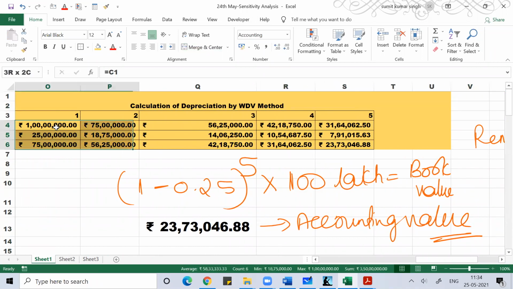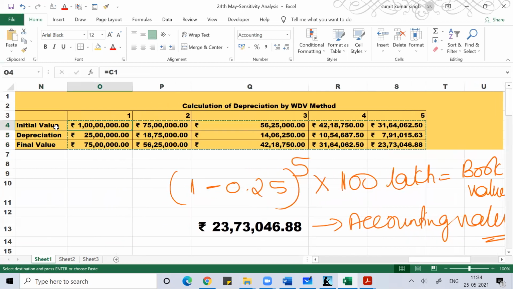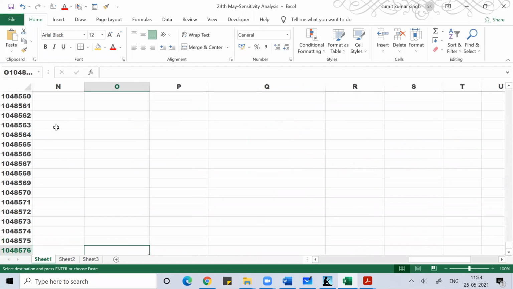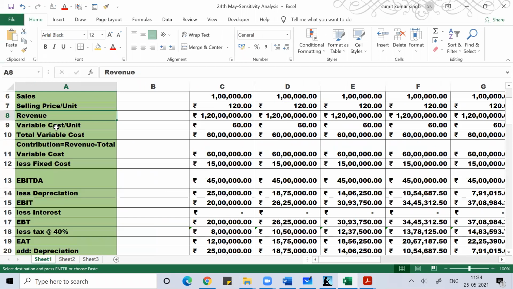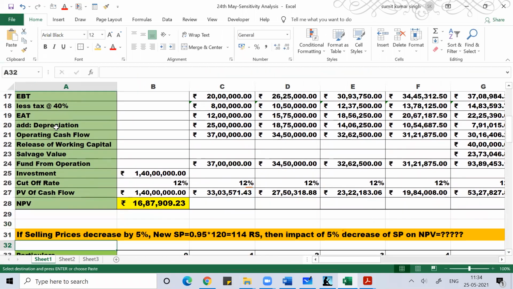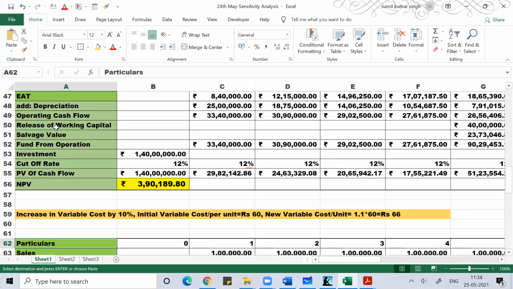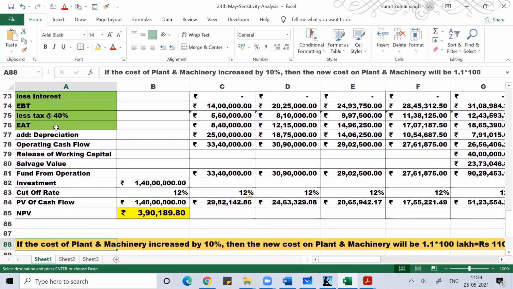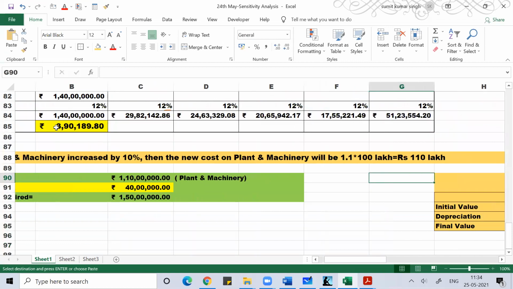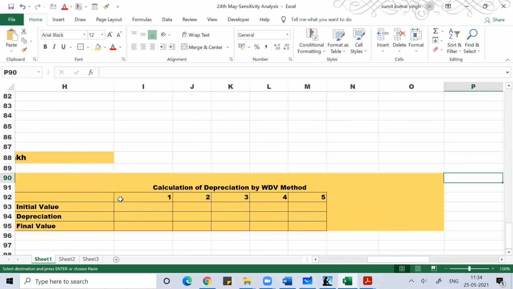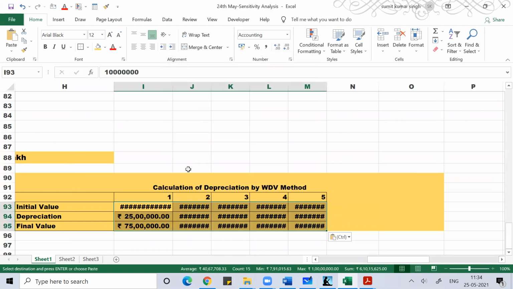Simply copy this, Control C, remove the formula. Control C, paste special value, remove the formula.